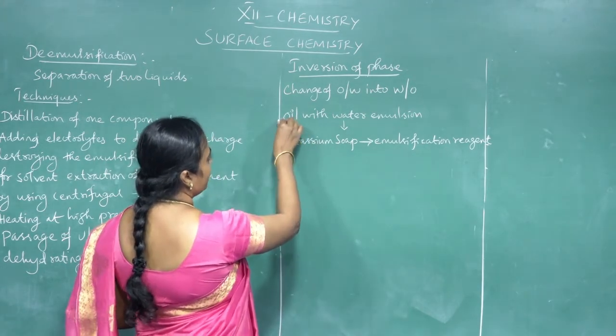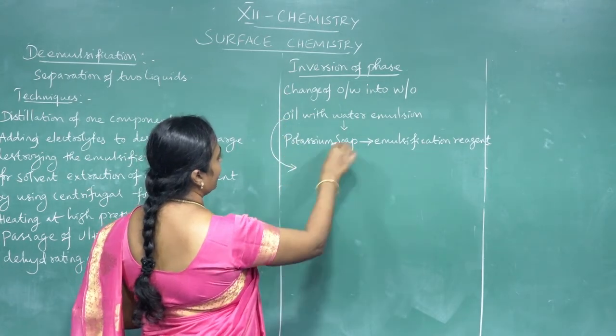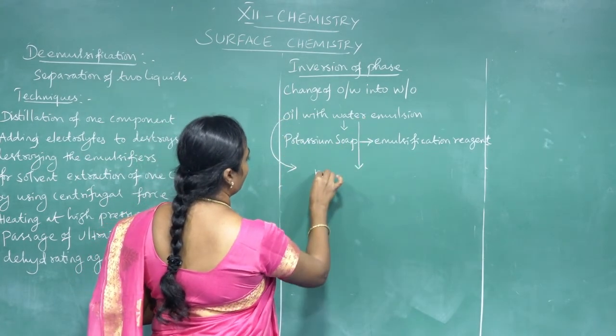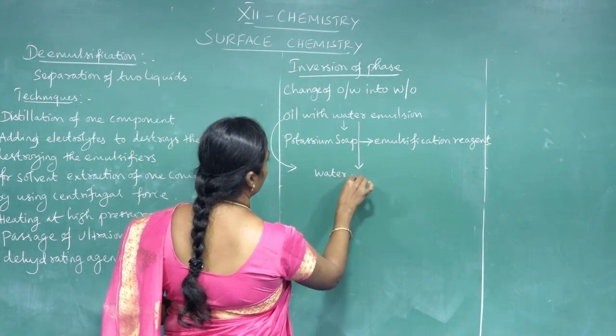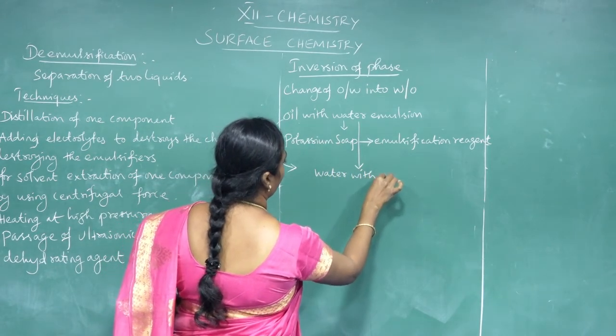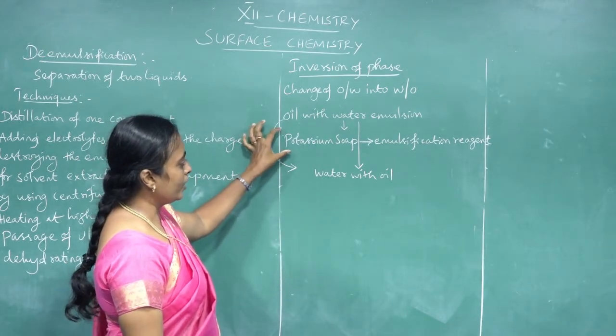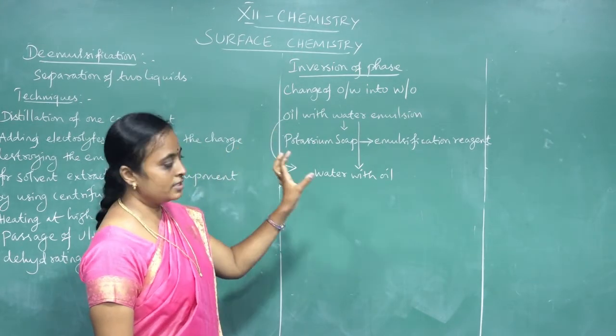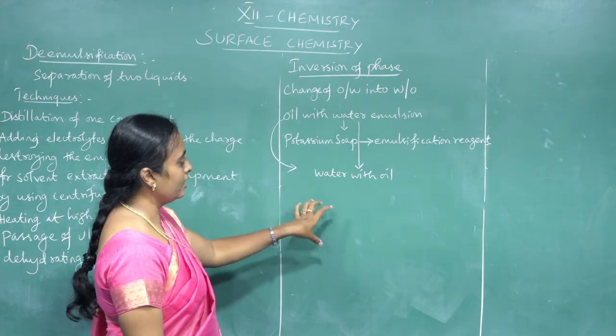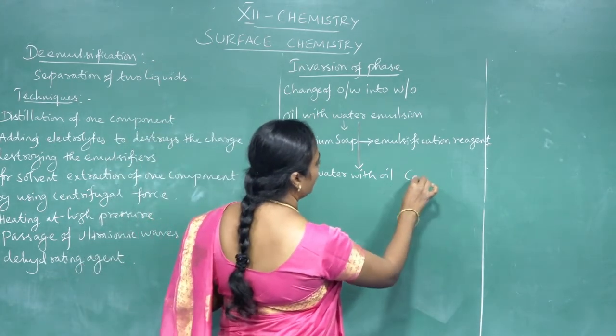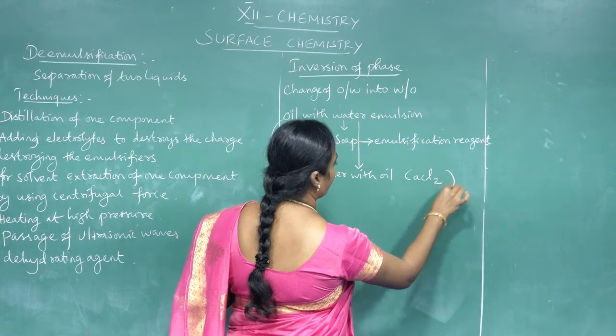And this oil in water emulsion should be converted into water in oil. But how can you convert? Here I have added potassium soap as an emulsifying reagent. Now we change that emulsifying reagent to calcium chloride.